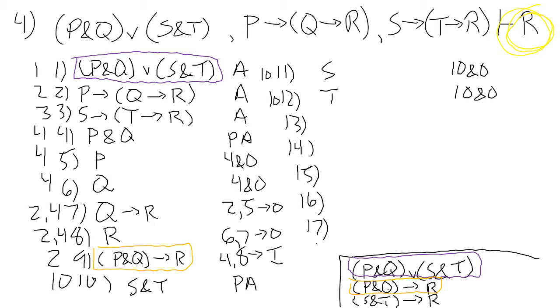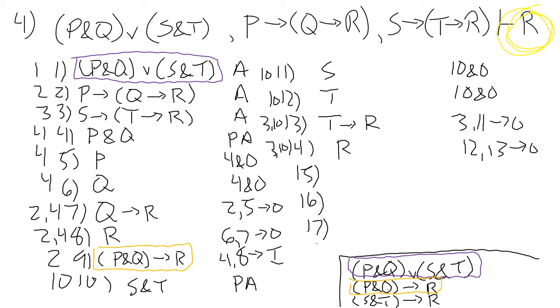Then we can toss the S into the conditional statement in 3 to get T arrow R. So that would be 3 and 11, arrow out. 3 and 10. Then we can toss the T into this conditional statement to get R. So that'd be from 12 and 13, arrow out.